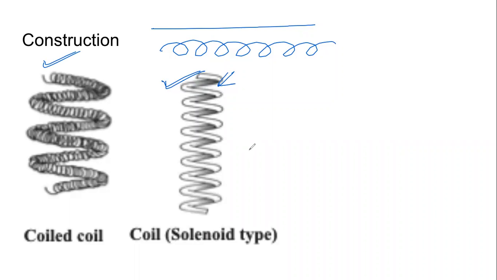So this is called a solenoid. And when the solenoid itself is wound again, it is called a coiled coil. So one is coil, another one is coiled coil.